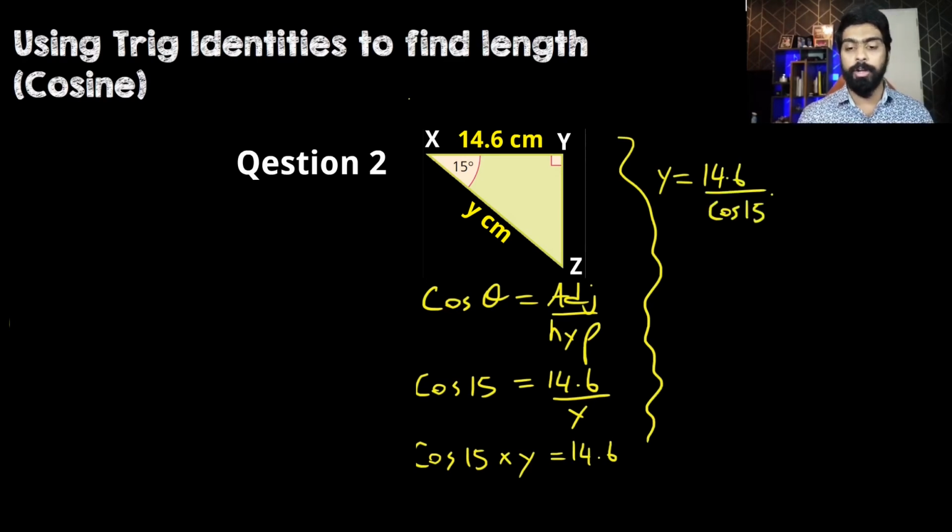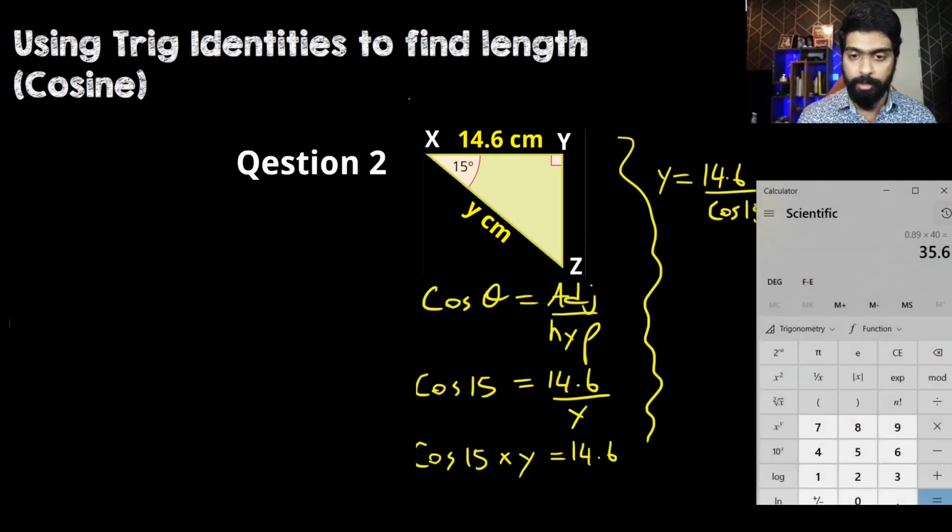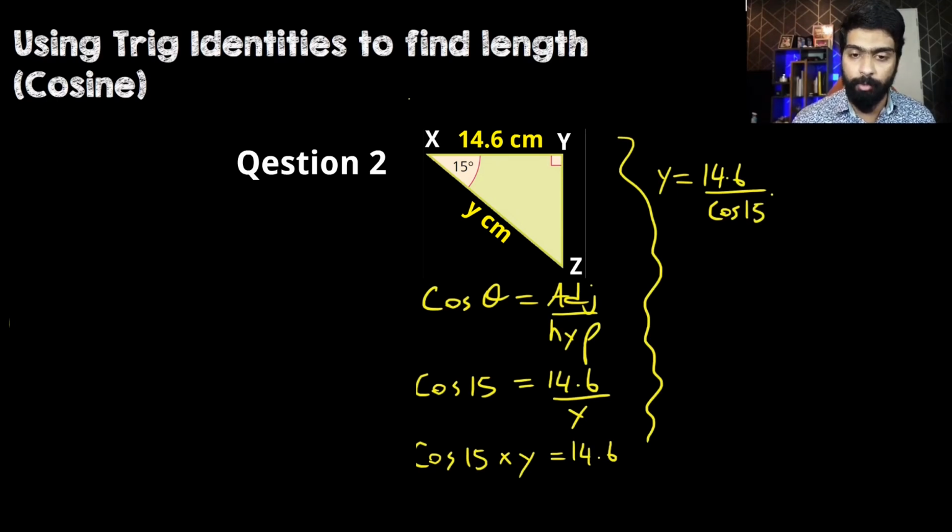So let's use the help of a calculator to find cosine of 15 degrees. Cosine of 15 degrees will give us 0.96. So y is equal to 14.6 over 0.96.